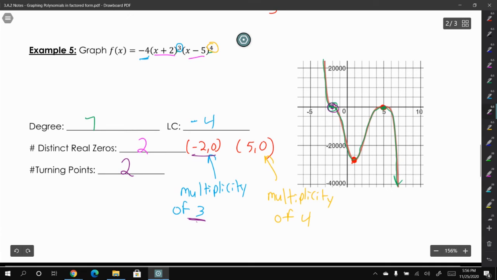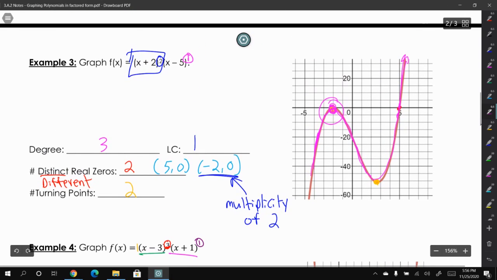When we bounced, our multiplicity was 4. Okay, up here, when we bounced, our multiplicity was 2. And when we crossed here, our multiplicity was 1. Because, if we don't have a multiplicity, it's always 1.